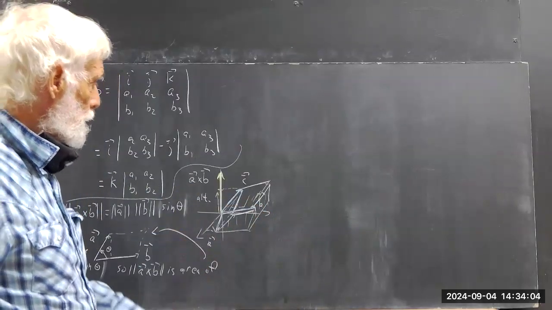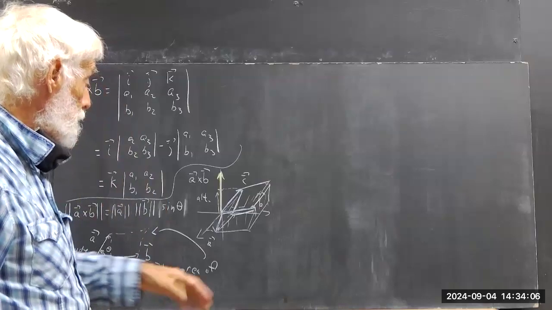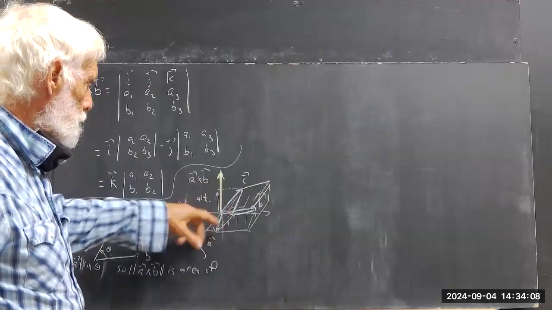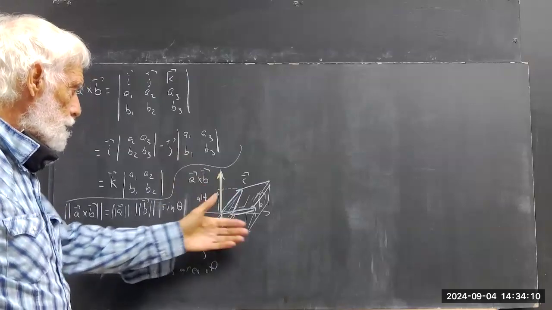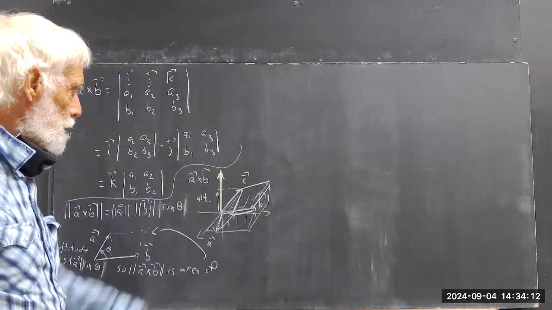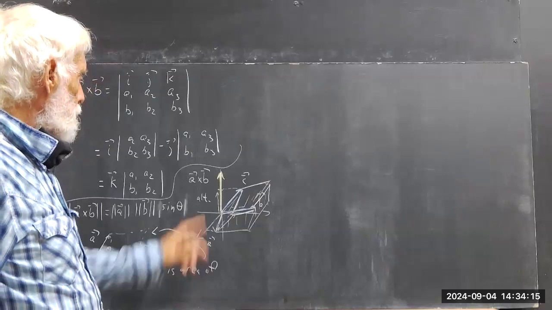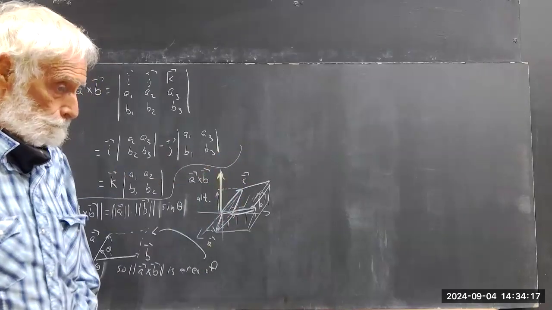C doesn't really look like it is, but it's supposed to be. When I first drew them, I had a couple of projection lines, but they're kind of obscured by my shading of this three-dimensional figure. Then you have some vector C out of the plane.